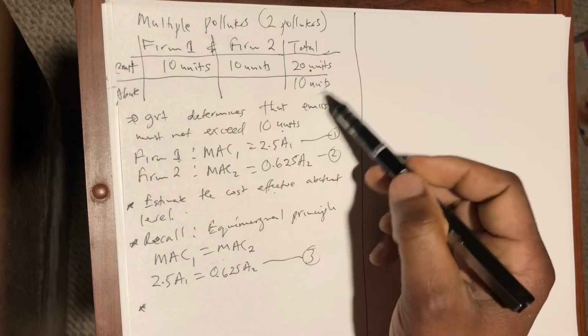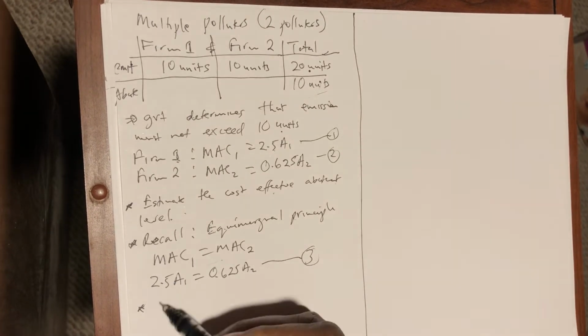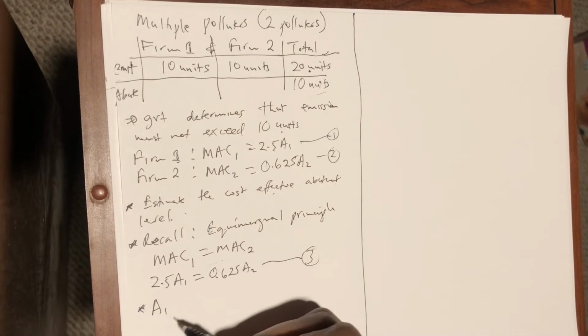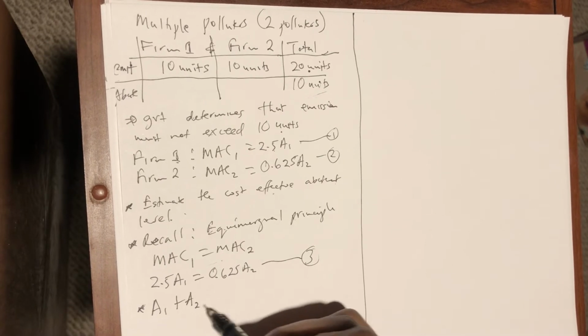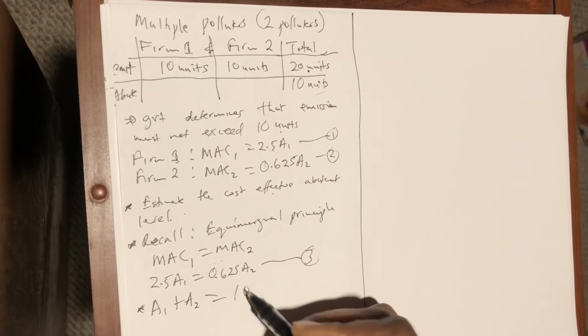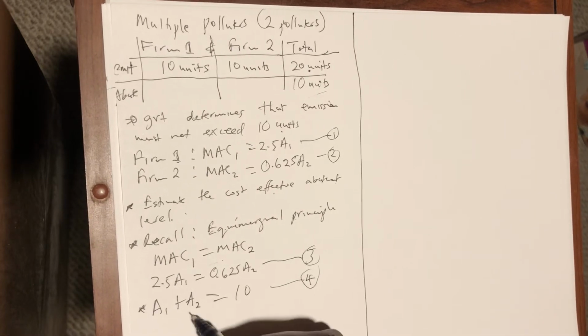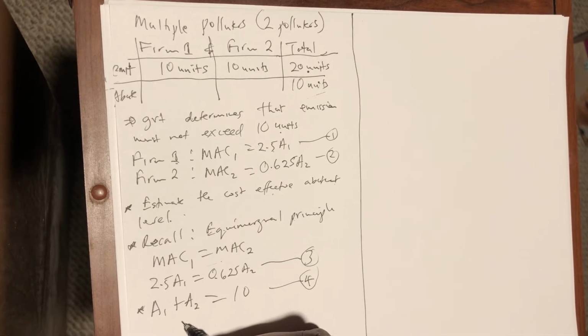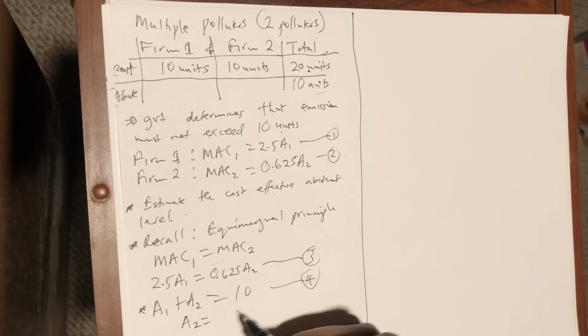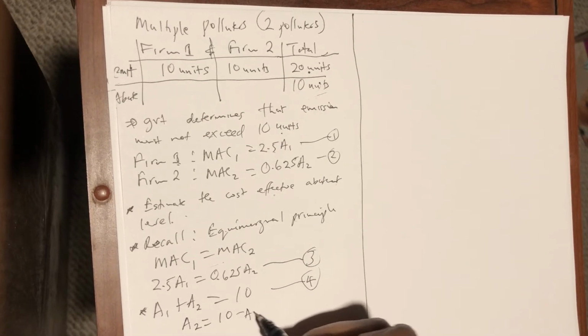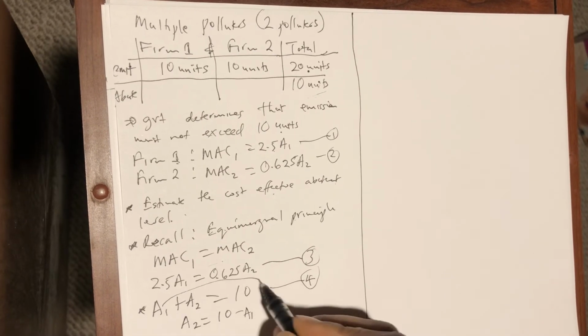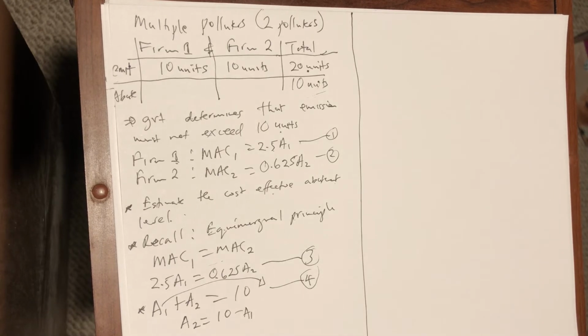All the firms should abate 10, right? So firm 1 is going to abate A1 and firm 2 is going to abate A2, and the total should be 10. This is our equation 4. From this, if we make A2 the subject of the formula, A2 is equal to 10 minus A1.